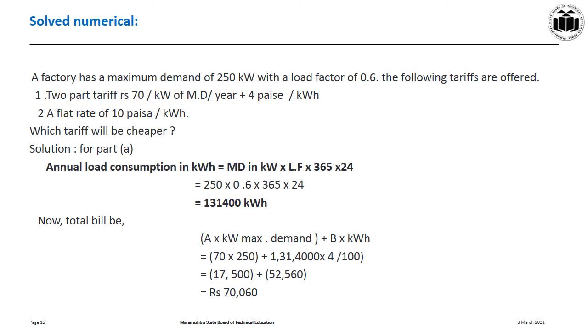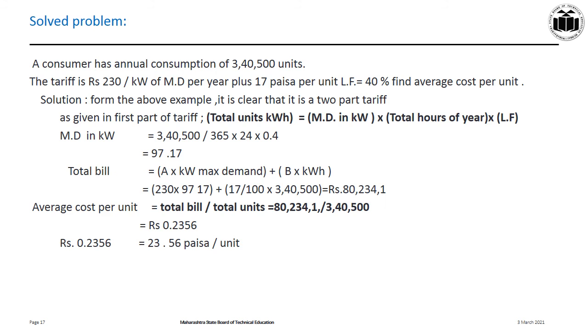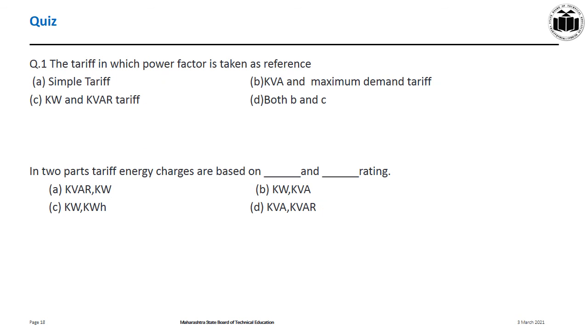Now the second part, the price is calculated here, so there is a comparison of the prices. So the first type of tariff is cheaper. This type of numerical should be practiced. One more solved problem is there so that learners can again develop a better understanding. Note down the question in the notebook and solve it.